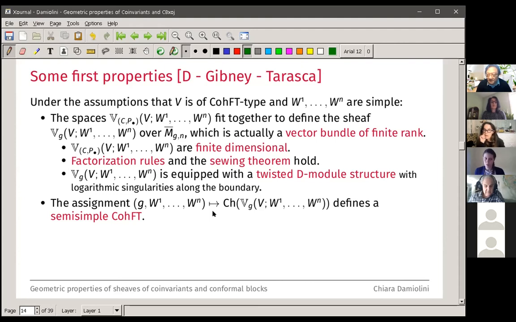Yes, so it is. It is related to the topological field theory. And once we know what happens on P1 with 3 points, we know everything essentially.